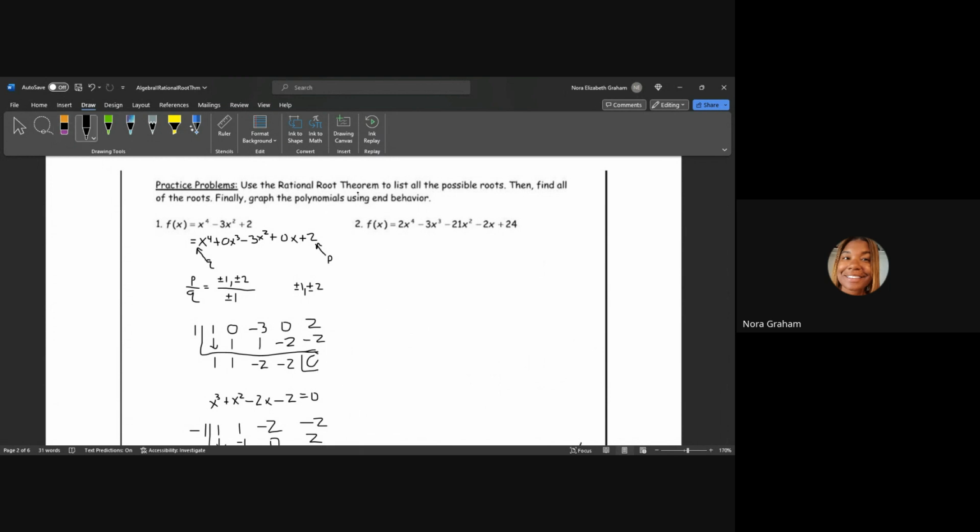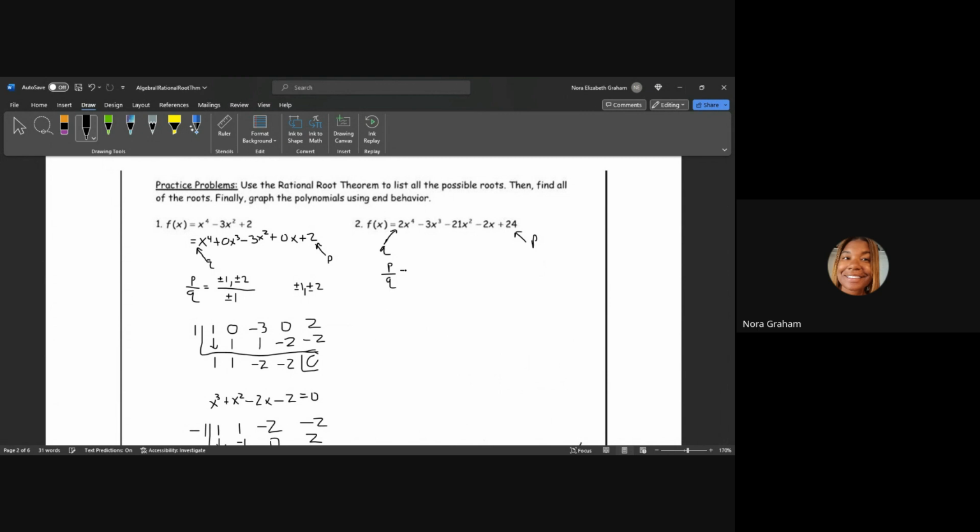Going to use the rational root theorem to solve this. First thing we want to do is identify our P and our Q, correct? So this one is my P. My coefficient of my highest degree is my Q. And we just want to see all the possible roots for this polynomial. Okay, so P over Q.